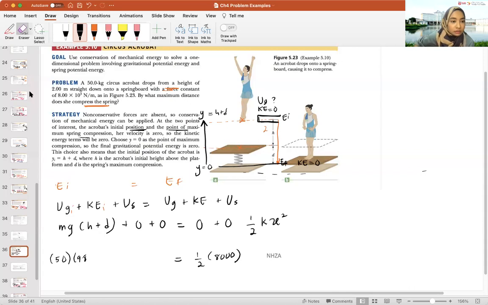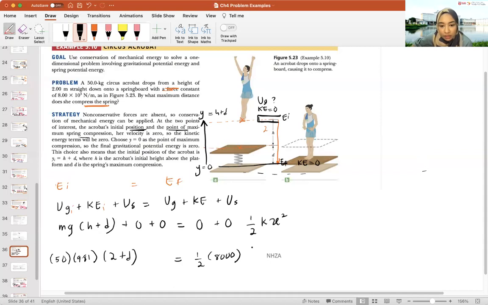Is it h? 9.81 times 2 plus d. So ada orang nak jawab. Oh, banyaklah pula. Molly, Shaky, Feli is saying d. Okay, so let's try it.